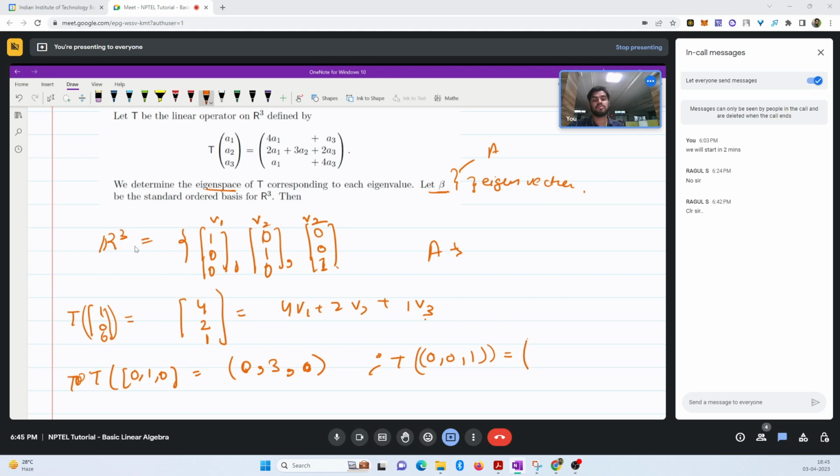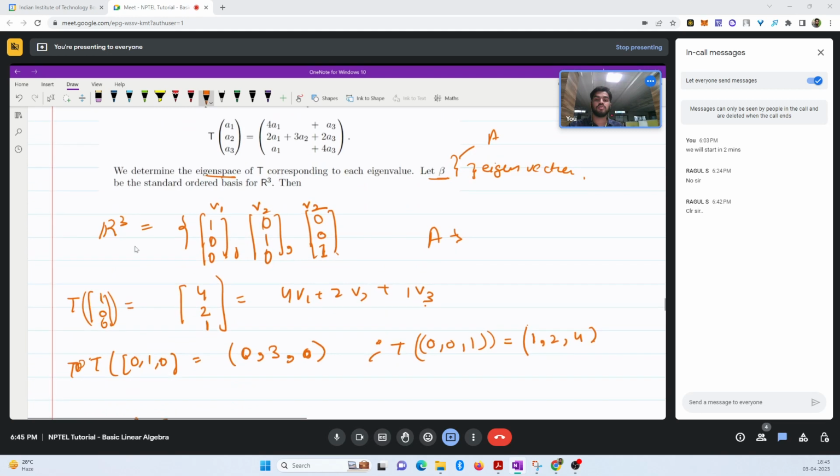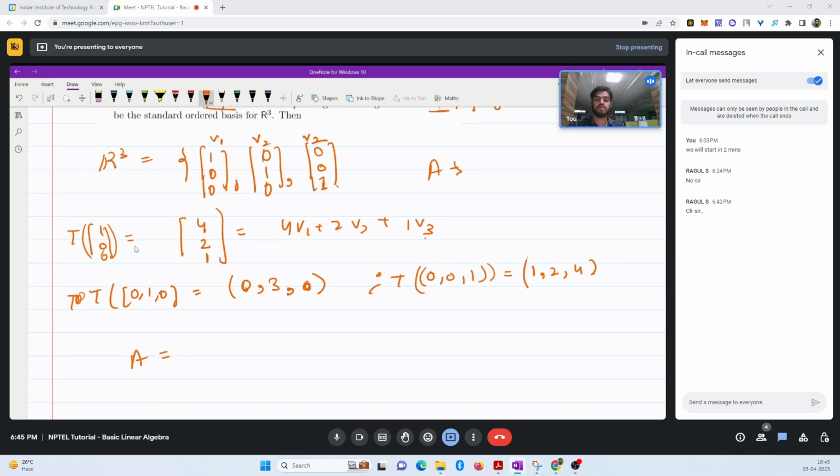You get 1, 2 and 4. So how does A look? A looks something like 4, 2, 1, 0, 3, 0 and 1, 2, 4.